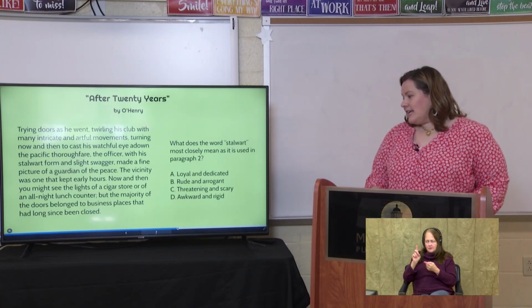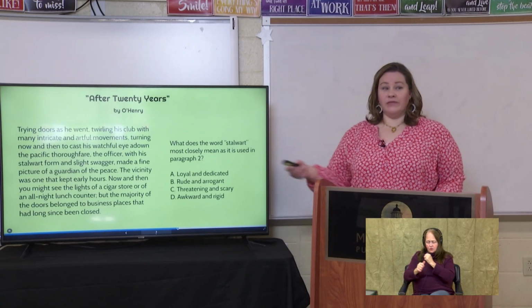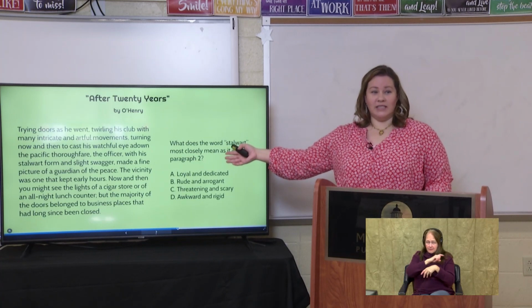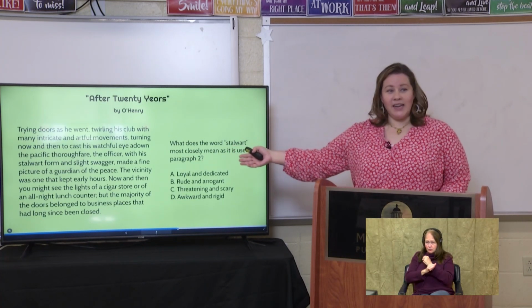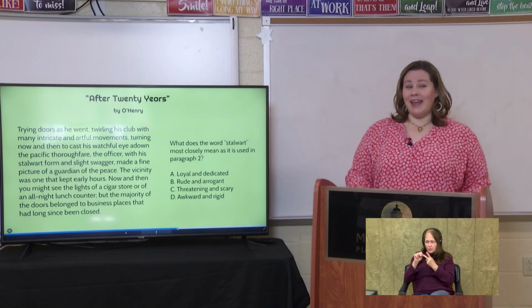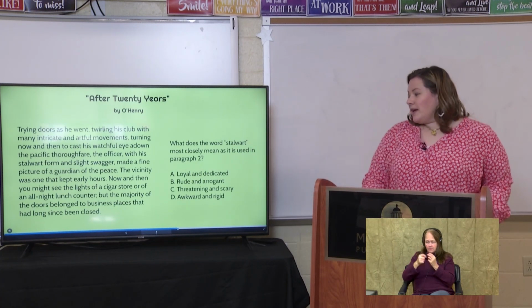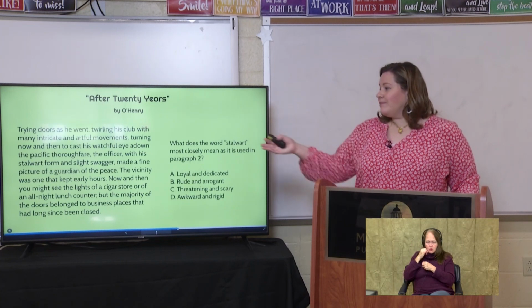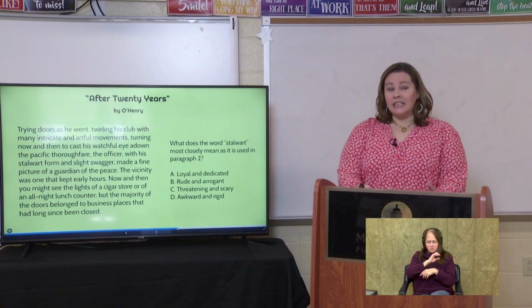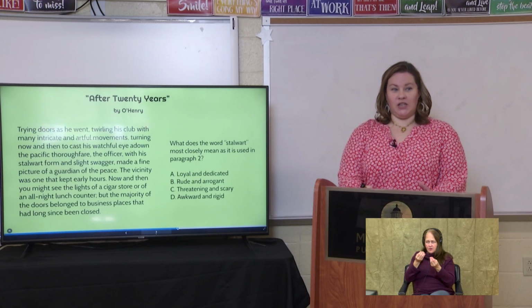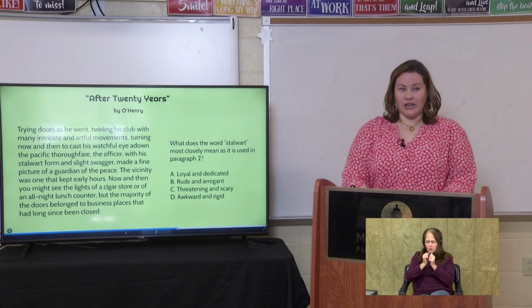If we look at C, threatening and scary, does he come across some situation that puts him in danger? Is he threatening somebody? The answer is no, we can eliminate that. If we look at B, it says rude and arrogant. Does it say anything in here about him being rude? Does it give some sort of situation where he interacted with a character?